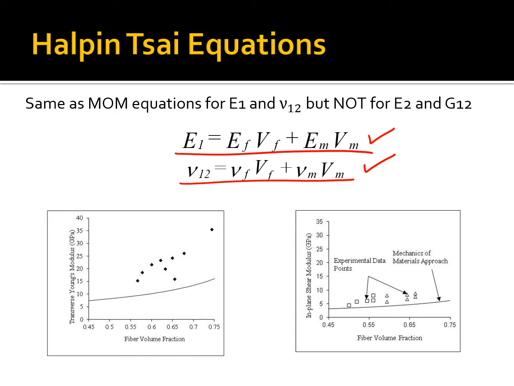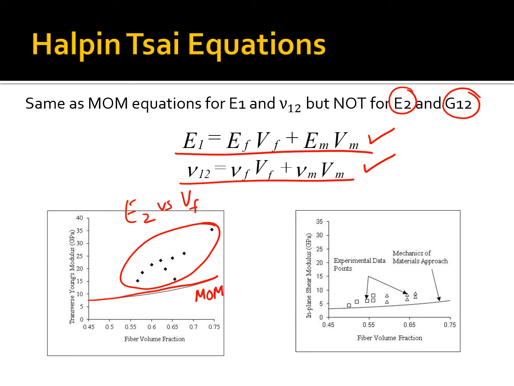Now, the reason why there was a need for different formulas for E2 and G12 was because when they compared the experimental results for E2 as a function of volume fraction, they found that the experimental results were very far away from the mechanics of materials approach.